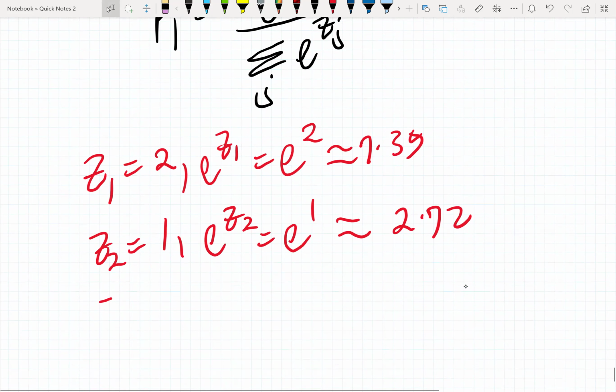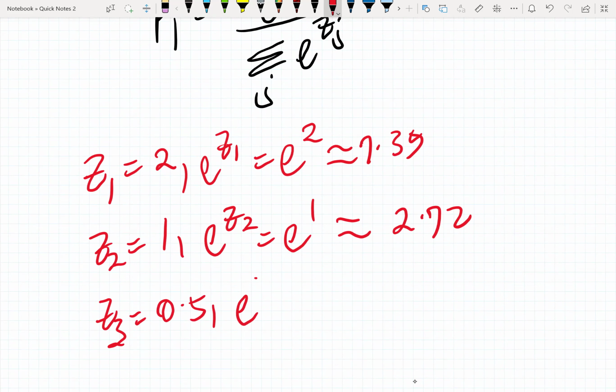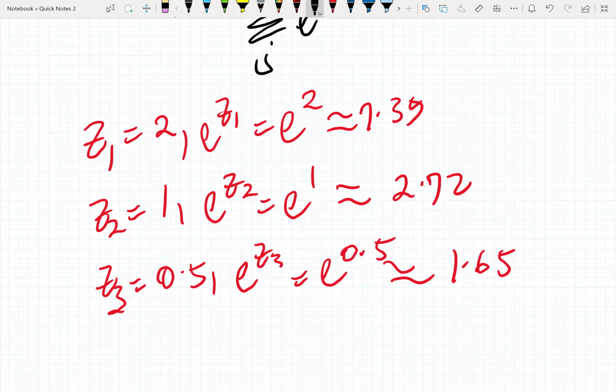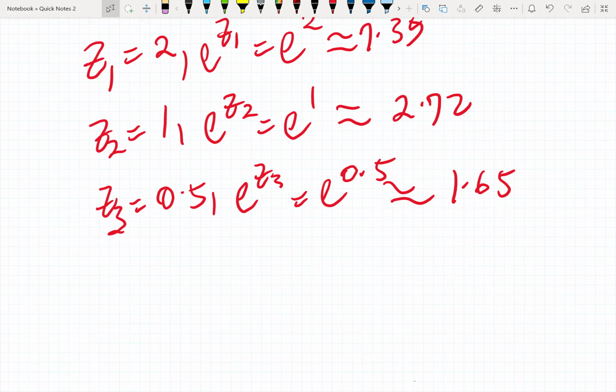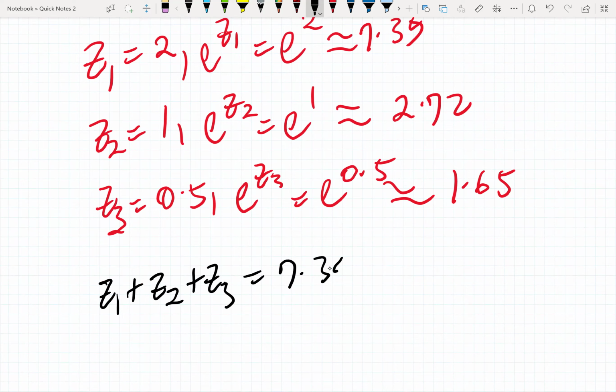Then z3 is 0.5, so e raised to the power 0.5 is approximately 1.65. With all of that in place, we compute the sum: 7.39 plus 2.72 plus 1.65 is equal to 11.76.